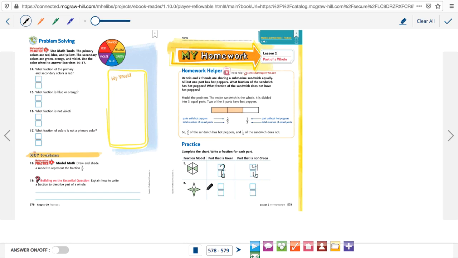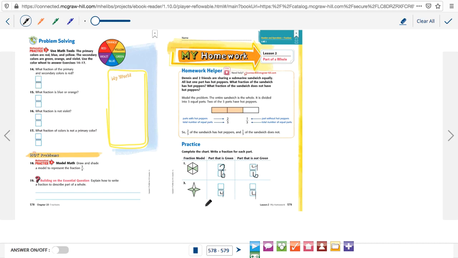Now we're going to look below here at the next problem. We can count the total number of parts, 1, 2, 3, 4. Now this problem, I really like how it's showing a different shape because then students understand that fractions can have many shapes, not just rectangles, not just circles.